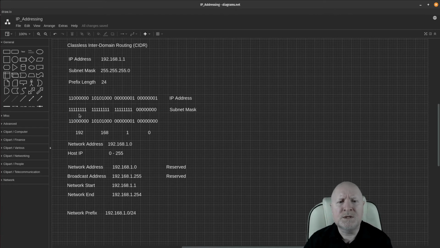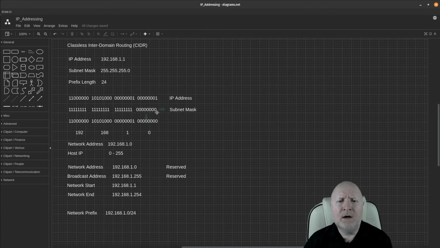One thing I can't do is have these 24 bits here and reserve that bit there as well. If I want to reserve more bits to represent the network, in other words, I want a bigger number of networks, I've got to reserve that bit. If I want more, I've got to reserve that bit, then that bit, then that bit, and so on.